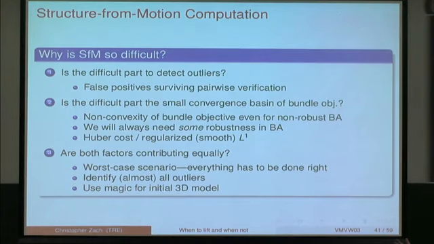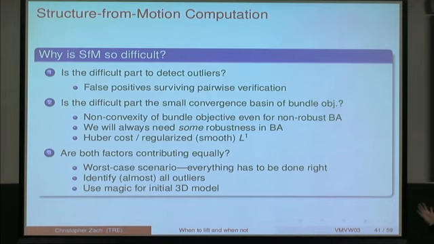Clearly one of the troublesome components is, even if you do matching and some sort of verification, you still have a certain amount of what we call outliers, so mismatches or false positive correspondences, especially in man-made environments where one corner of a window looks similar enough to another corner of an unrelated window. That is happening quite often in repetitive environments, and they like to be in man-made environments.